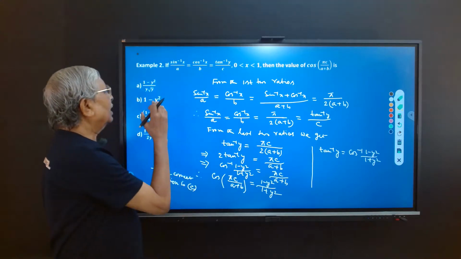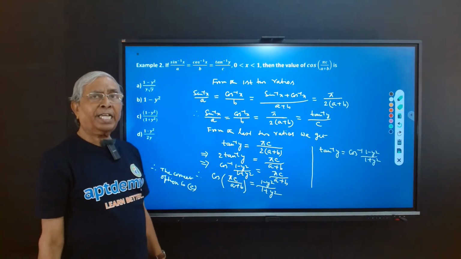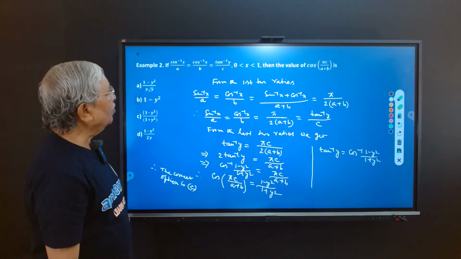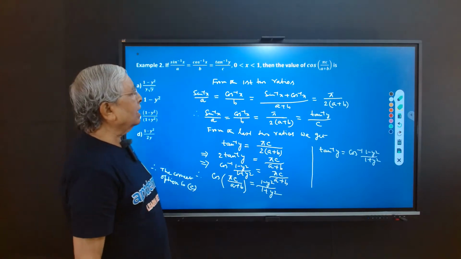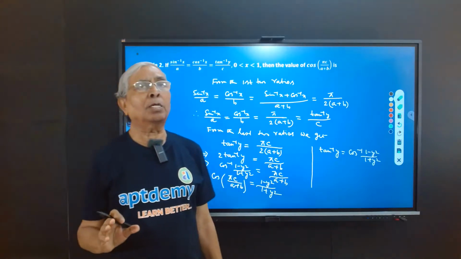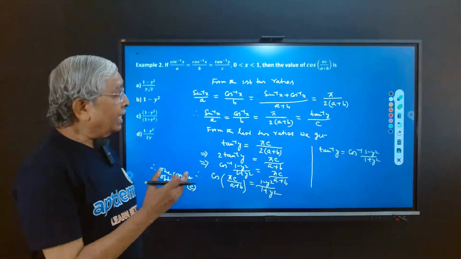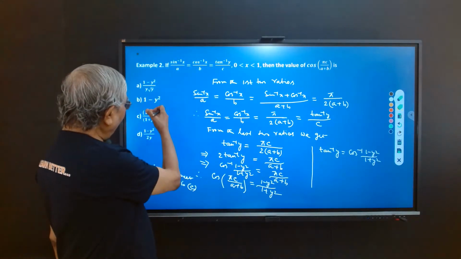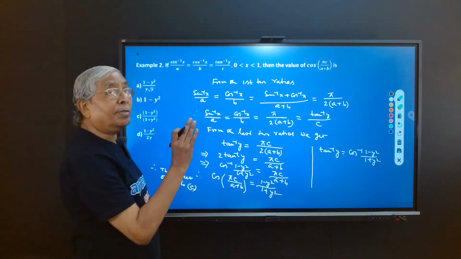You are given sin inverse x by A equal to cos inverse x by B equal to tan inverse y by C. We want the value of cos of pi C by A plus B. Look here, the answers are in terms of y, so you have to eliminate x.